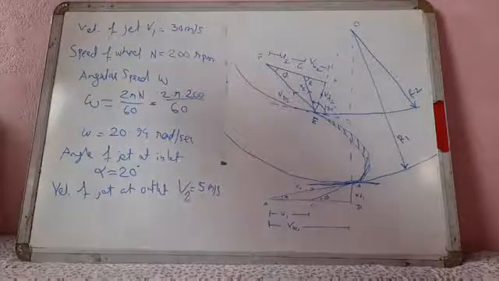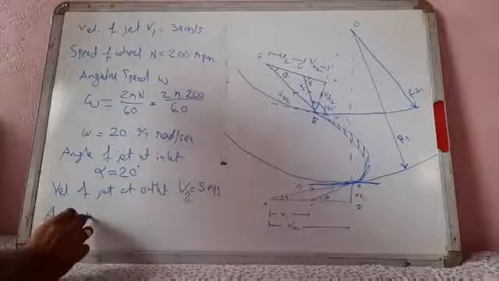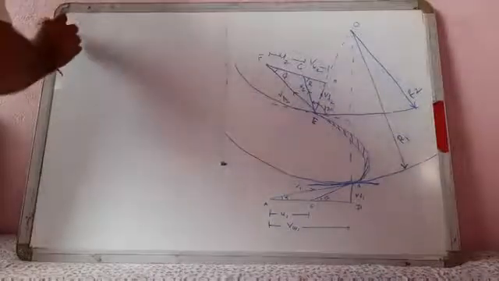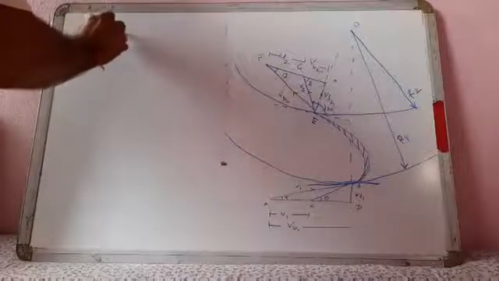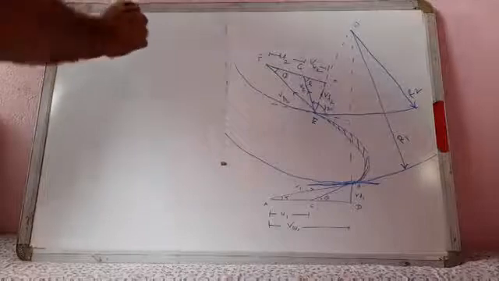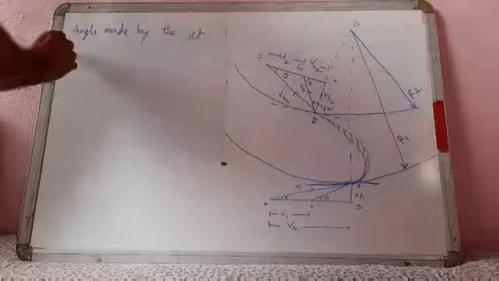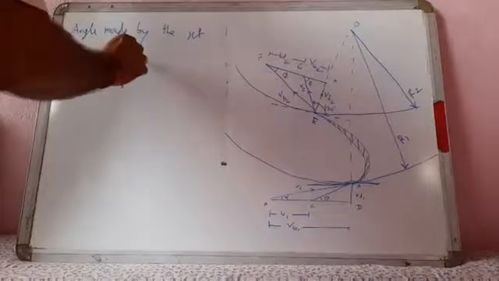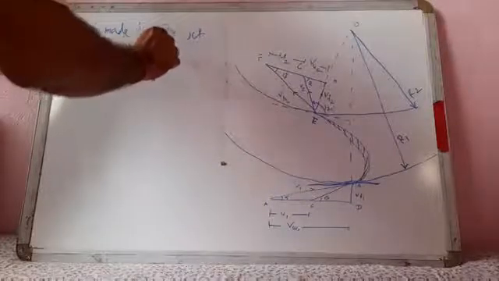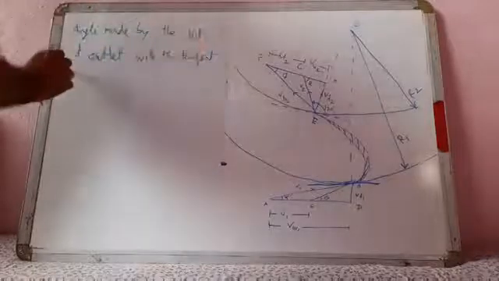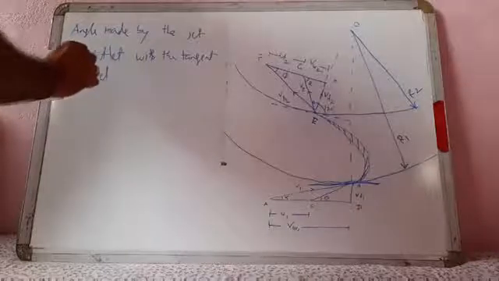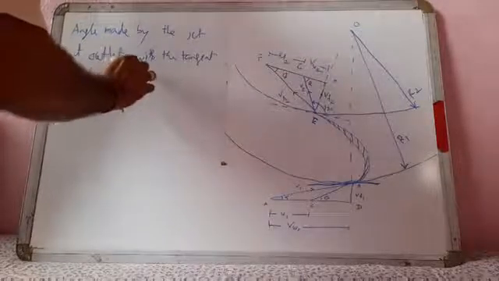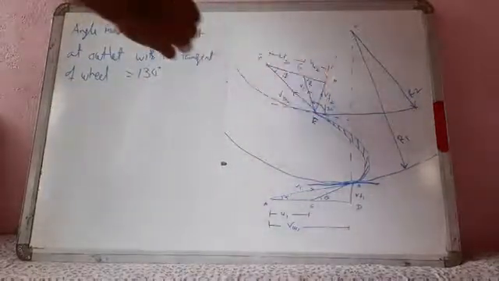The angle made by the jet at outlet with the tangent of the wheel is 130 degrees.